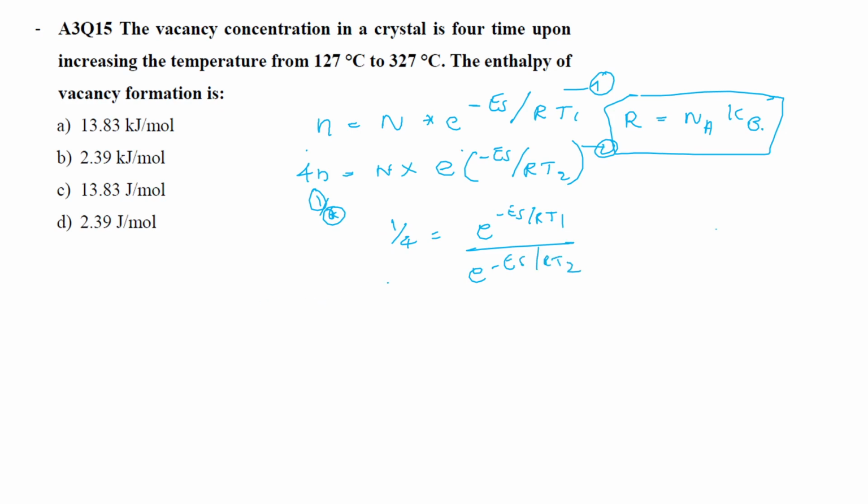Now take the log on both sides, so you will get log 1 over 4 is equal to minus Es divided by 8.314 times 1 over 400 minus 1 over 600. Then you will get the answer as the first option.